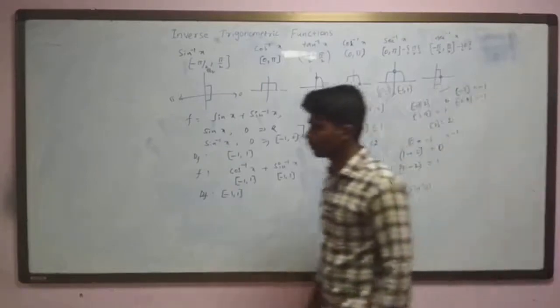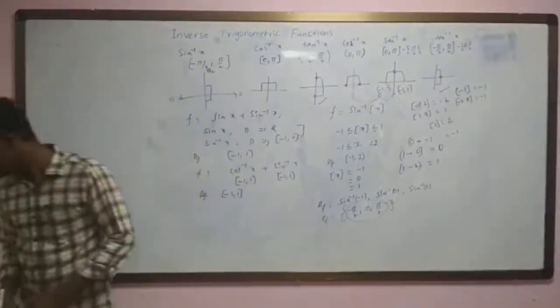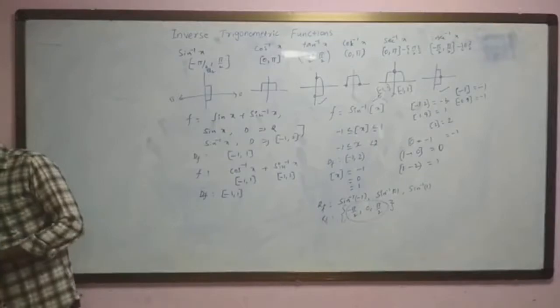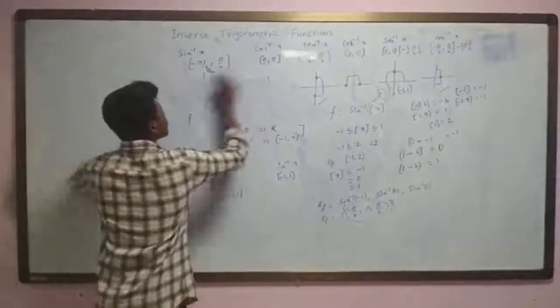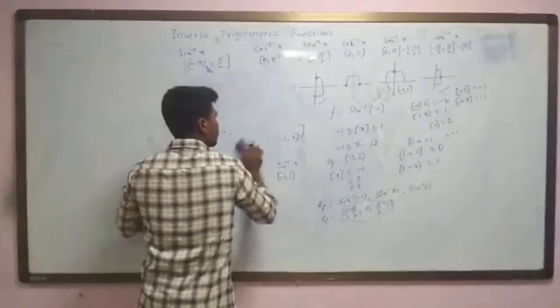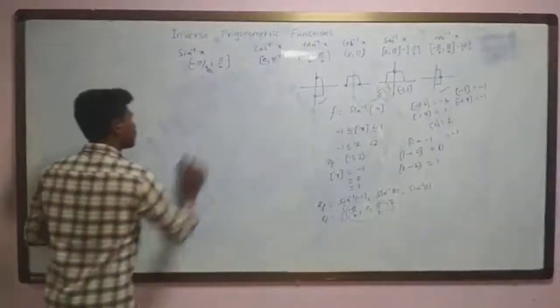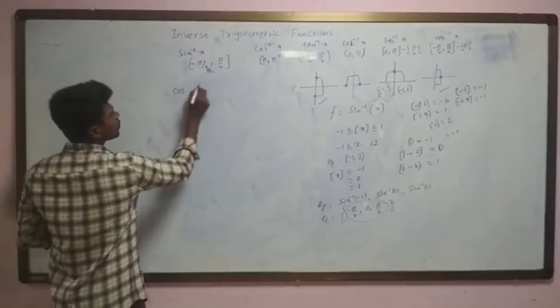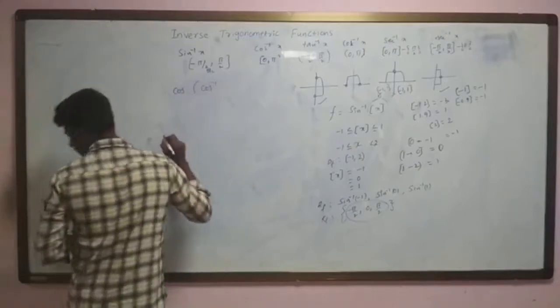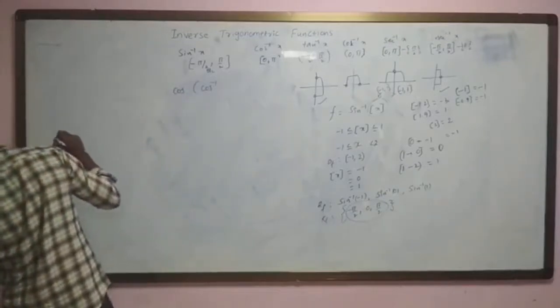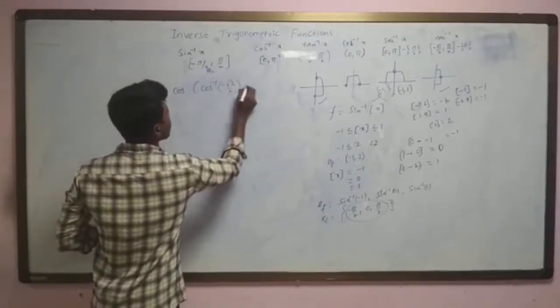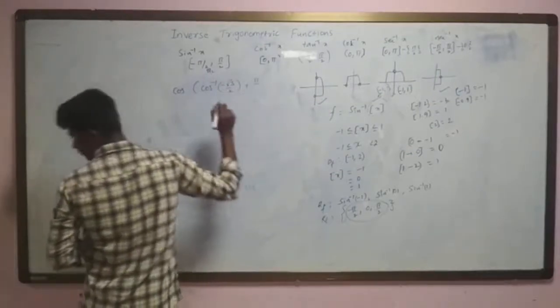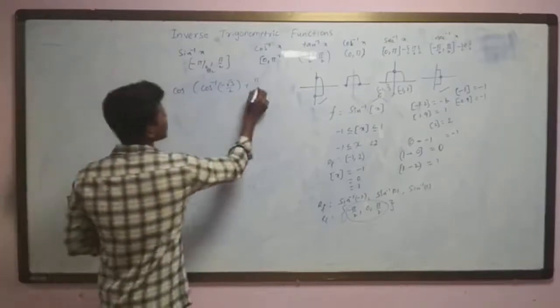We do one more problem which is given in our textbook. Find cos of (cos inverse of minus root 3 by 2 plus pi by 6).